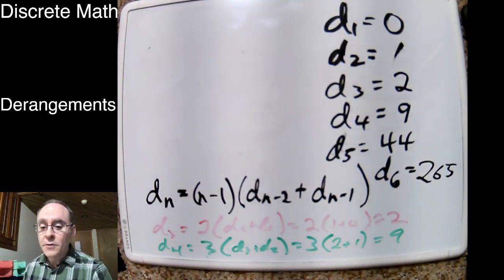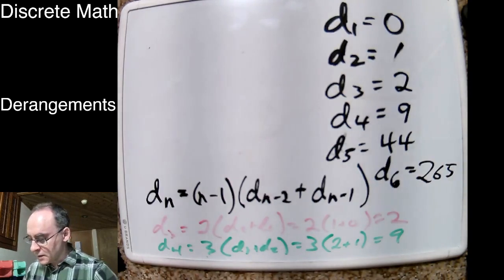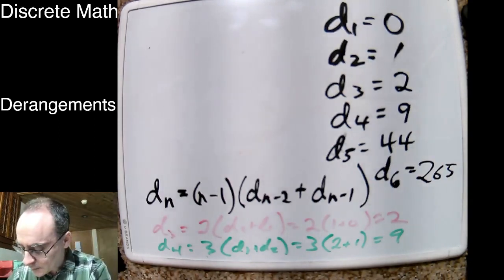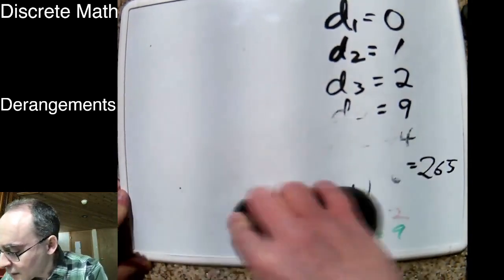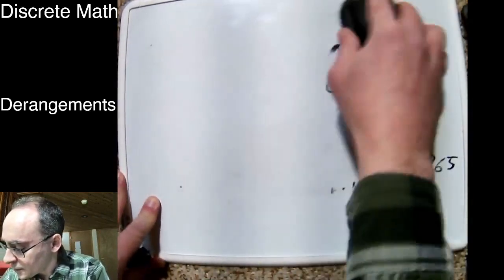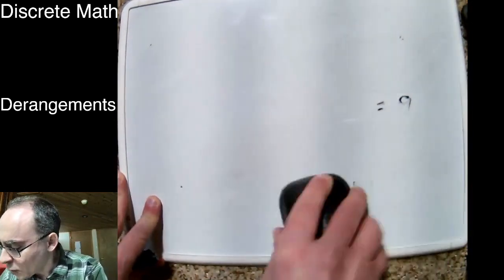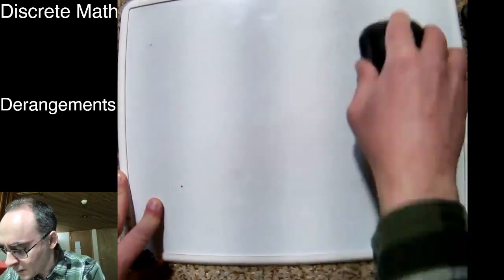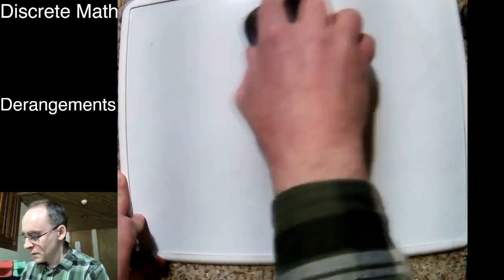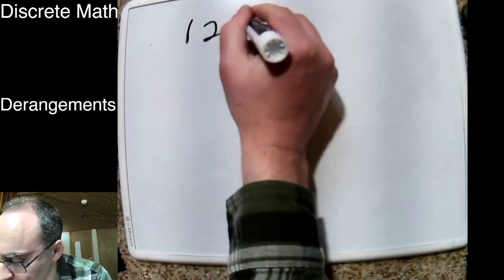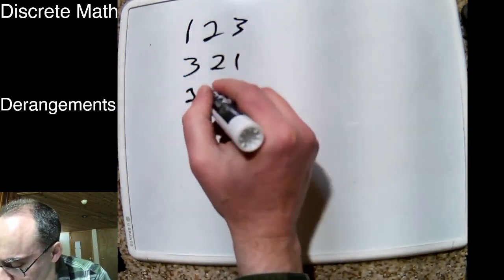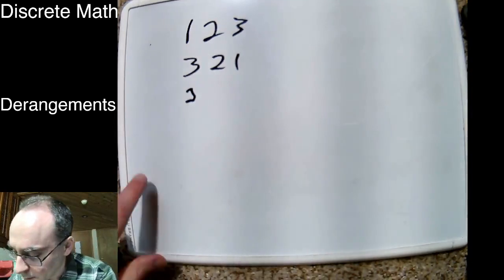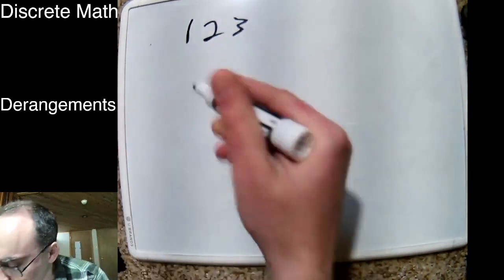Another interesting avenue that we could take with this, I will leave as sort of an open question, but it's an interesting one. We define derangements as a permutation that leaves none of the original elements in place. If I go back to my example with 3, what are my 2 derangements?